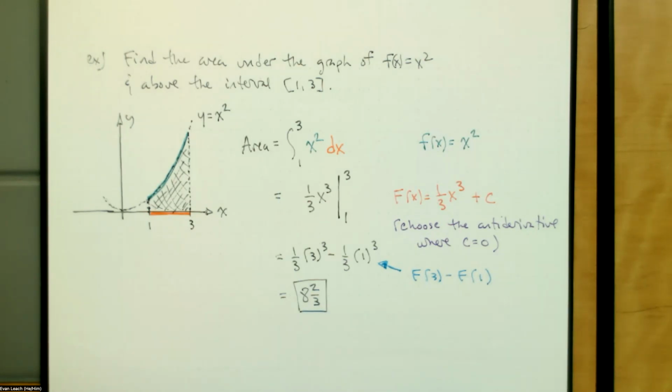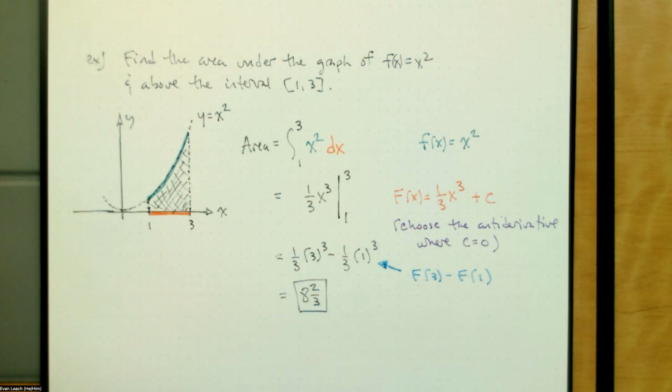If our rate was somehow x squared, you'll multiply that by the time from 1 to 3 or 2 units of time. That would tell us the distance traveled because our rate is in something like miles per hour and our time would be in hours.